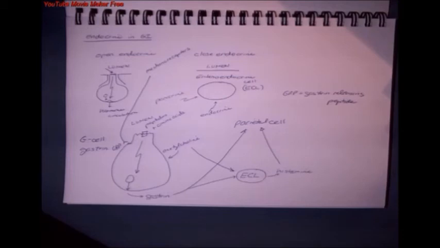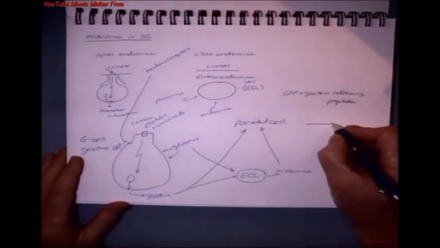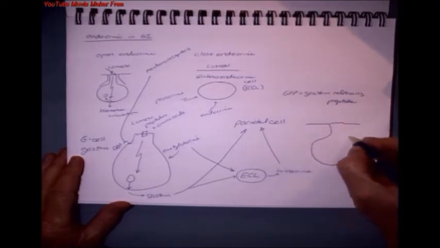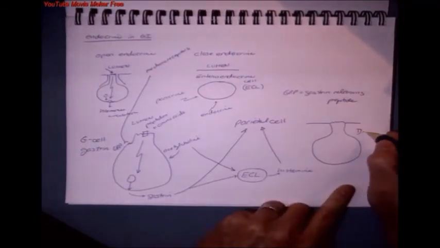Now, how do we turn this off? Because once we have this activated, we have to find a way to turn the pH increases down, turn that pump off, retract those pumps from the surface. We have another open endocrine type cell. This is called a D cell.